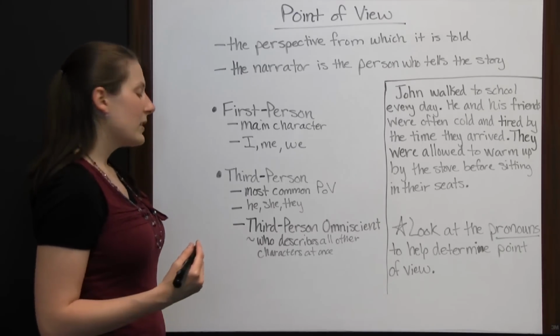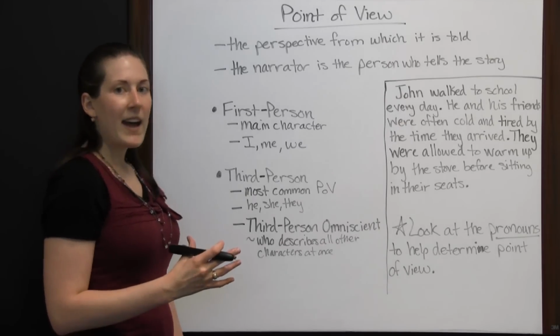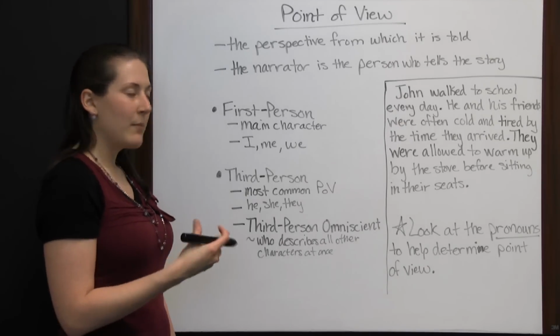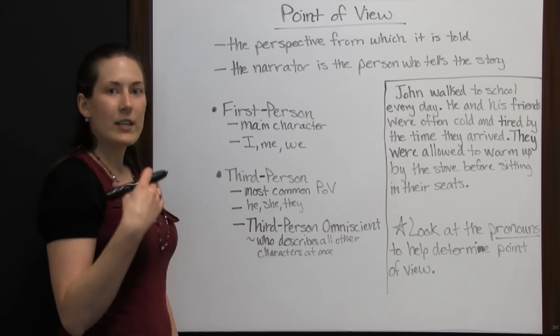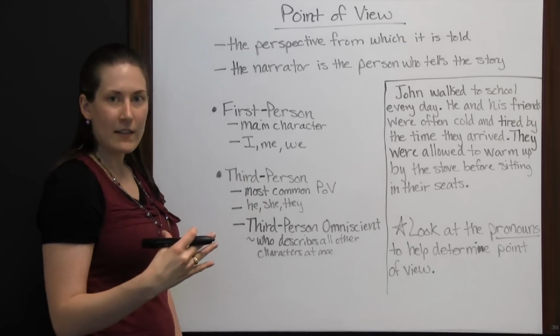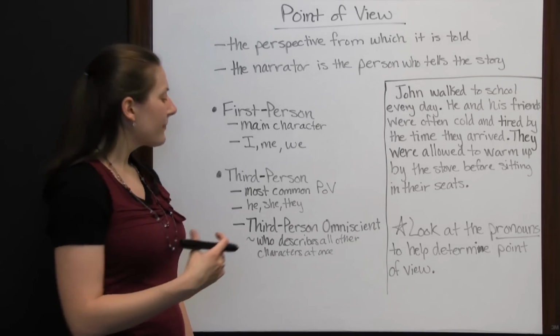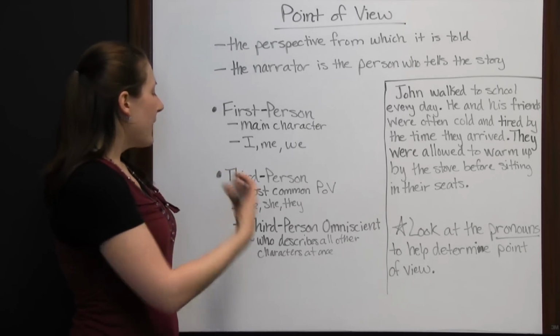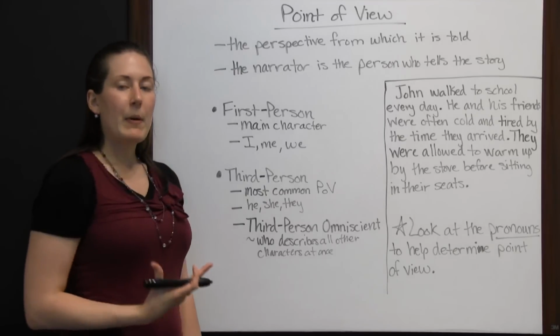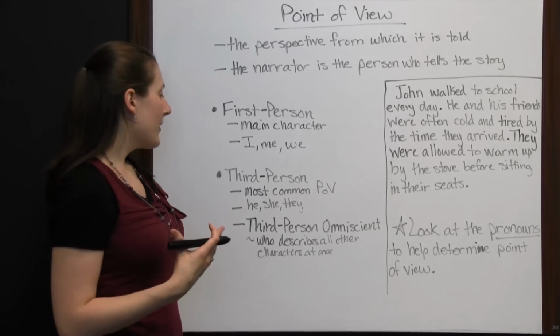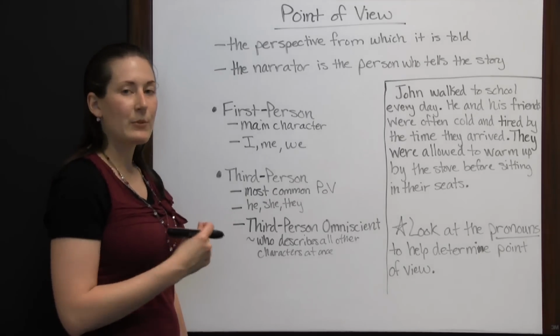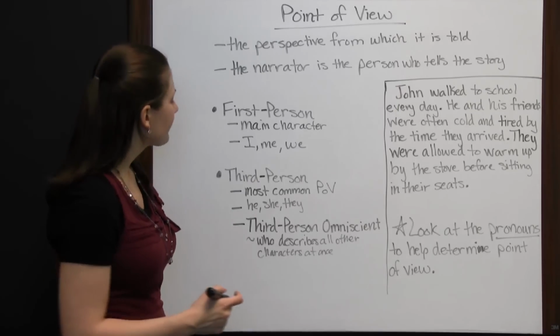Now they may not actually do it all in the same passage. Sometimes they split it into chapters. So one chapter is written to where the author is telling you everything that Johnny does. One chapter split will tell you everything that Susie does. So you find out everyone's point of view, but possibly at different times. But the author is able to do all of that without actually being a part of the story.